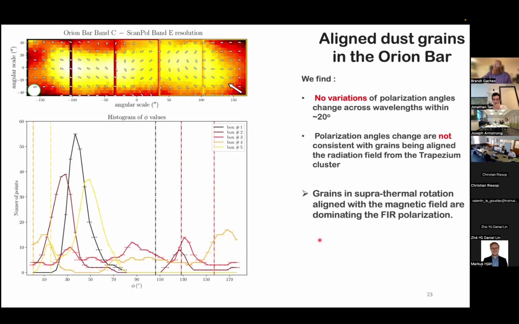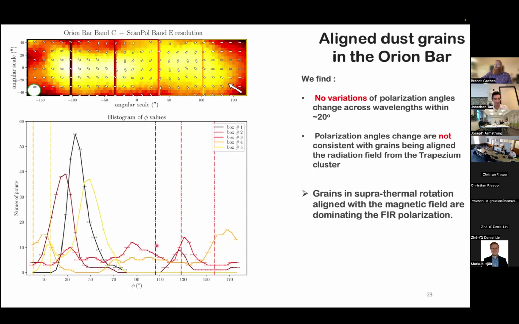If the irradiation field is very intense, the grains can align with the irradiation field vector and not with the magnetic field, and we wanted to check that. We wanted to see if the dust polarization in very irradiated places, in PDRs and HII regions, probes the magnetic field or the irradiation field.